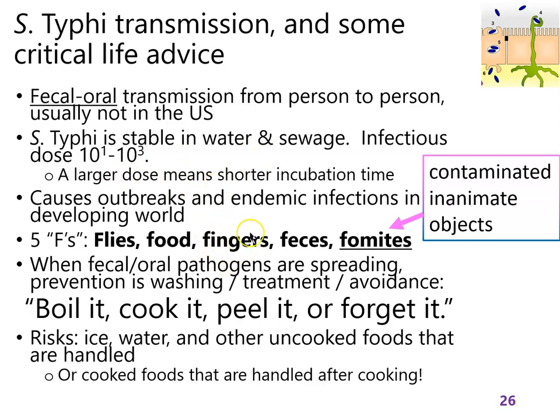And people's fingers, if you touch a contaminated fomite, so this is an inanimate object that a fly might have landed on, and if you touch this, you can get this number of bacteria on your fingers quite easily. And if you then bring them to your mouth, you get infected. The larger dose you get, the faster the disease is going to happen.